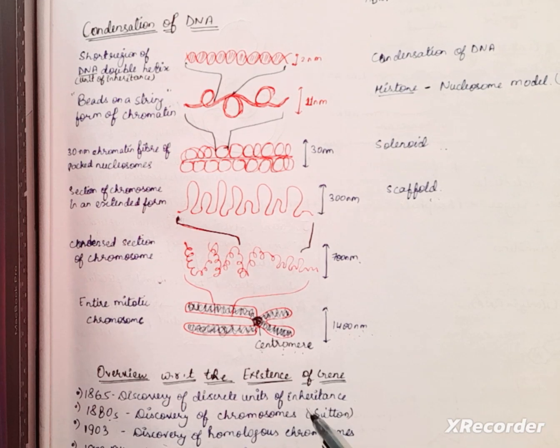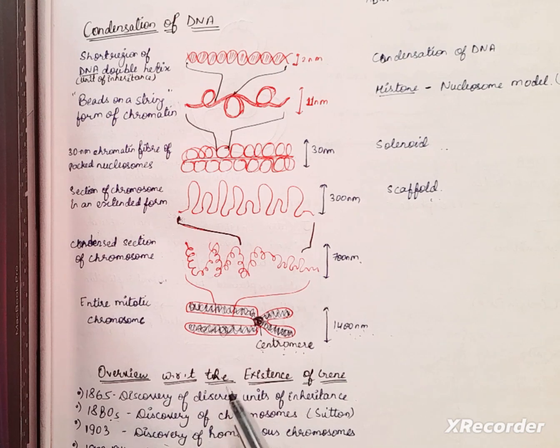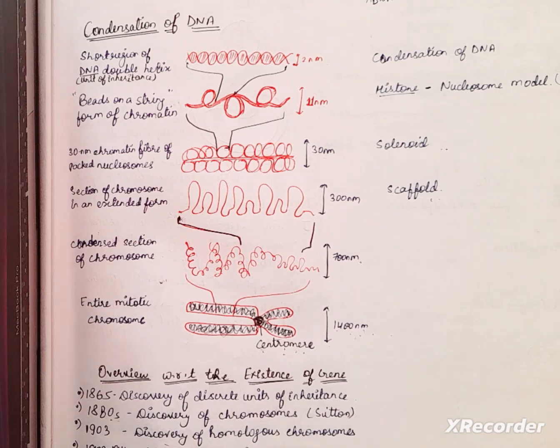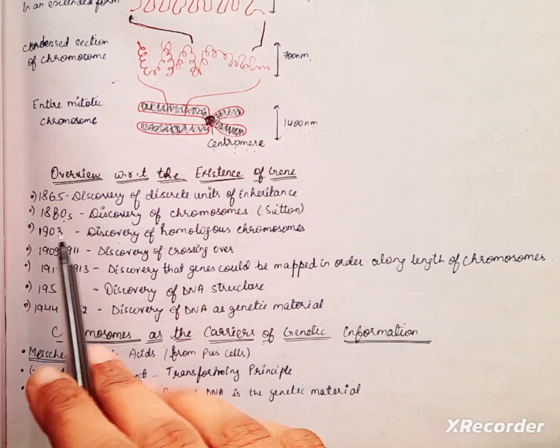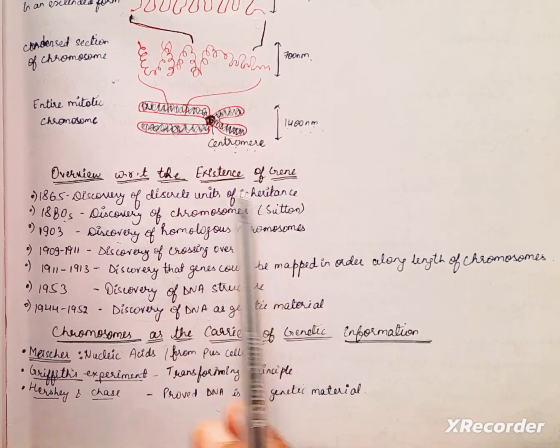After this, we discuss an overview with respect to the existence of the gene. Firstly, in 1865, the discrete unit of inheritance was discovered. In the 1880s, the chromosome was discovered.